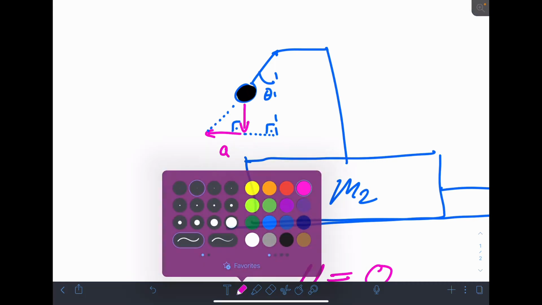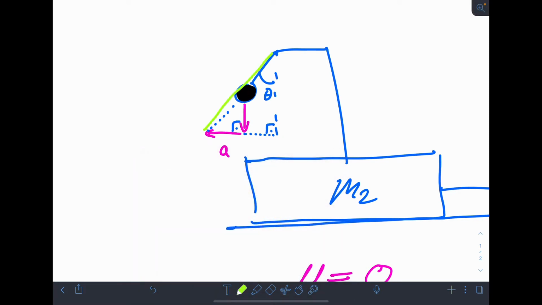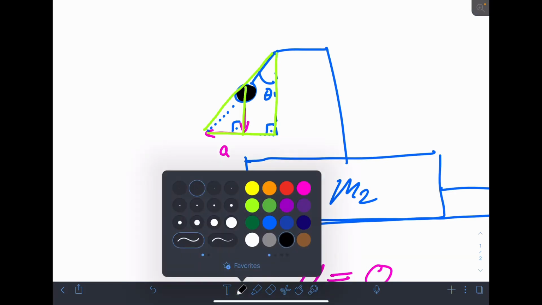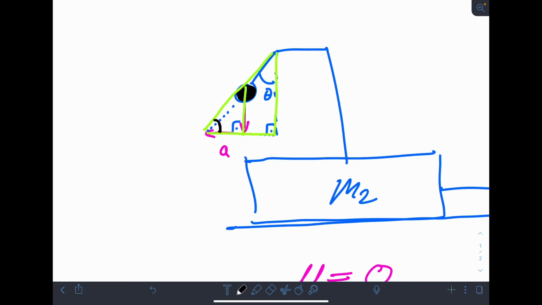Now it will be a bit cluttered, but we will see that there are 2 triangles here. These triangles share 2 of their angles. One, the leftmost angle, is shared. Also, they both have a 90-degree angle. So we can conclude that the angle between G and the rope is also theta.